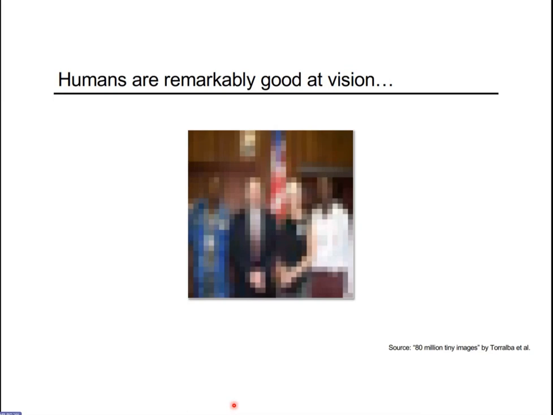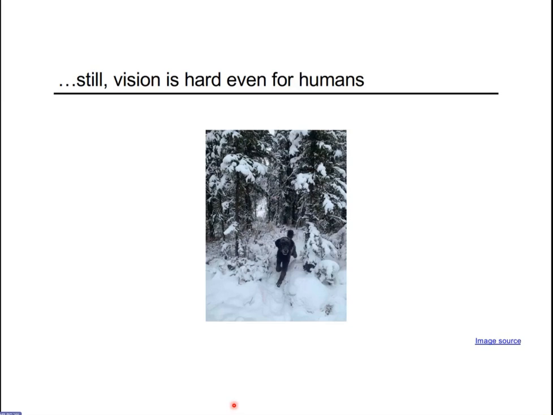Four people are standing. Yes, yes, perfect. So you have good vision. This is an extremely low resolution image, but you still have a sense. Okay, there are four people in the image, but it's not so simple.